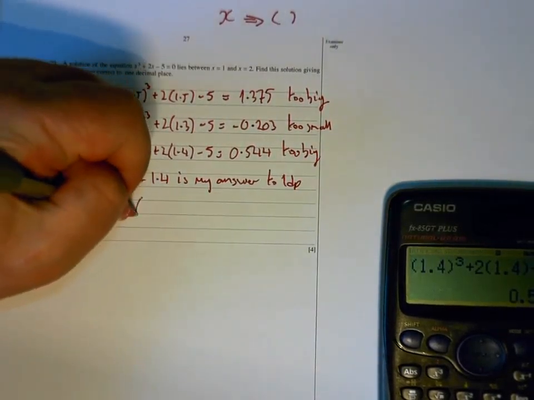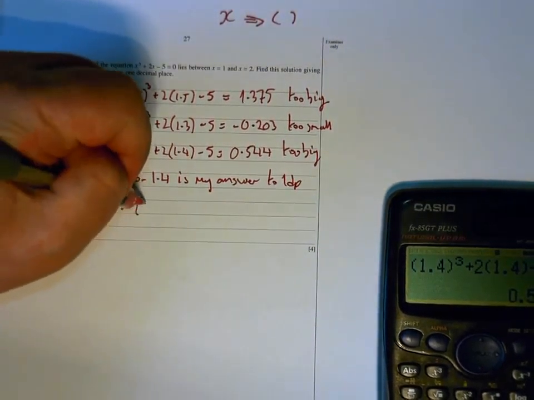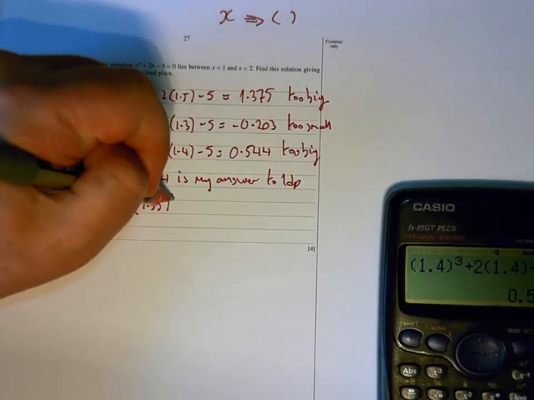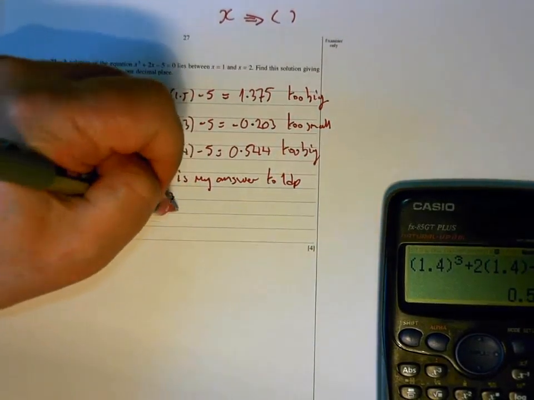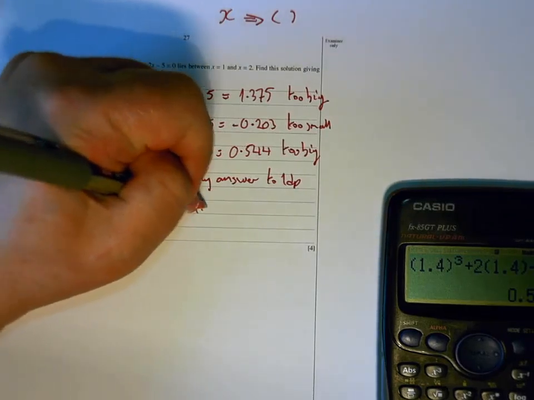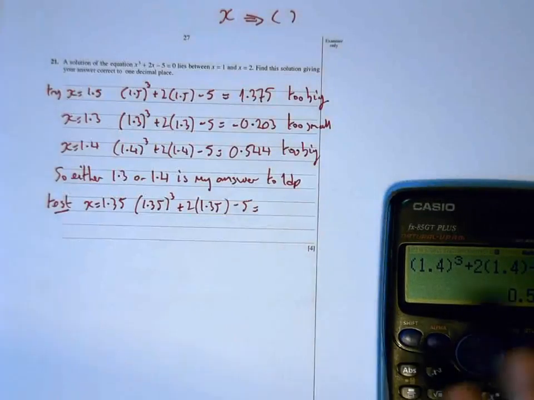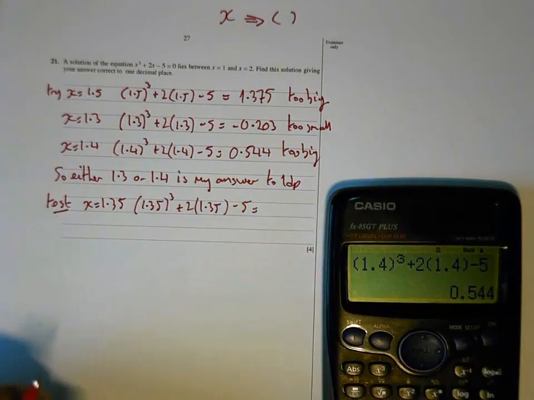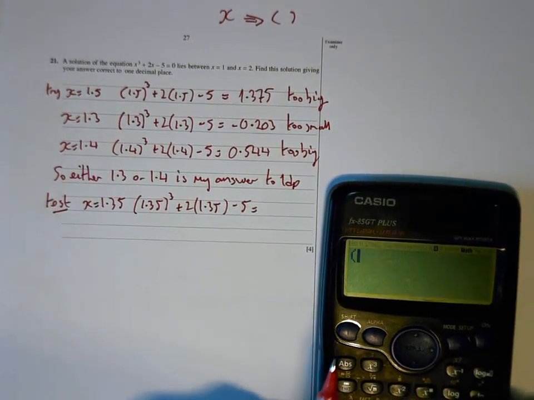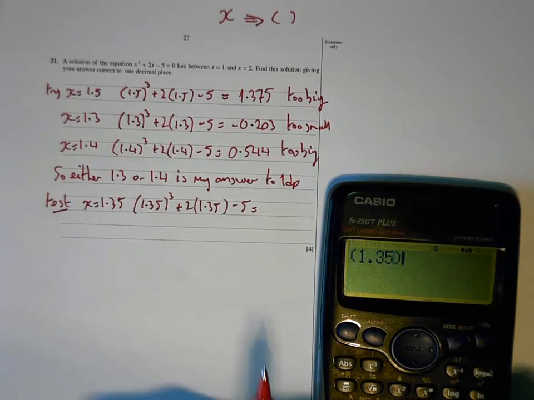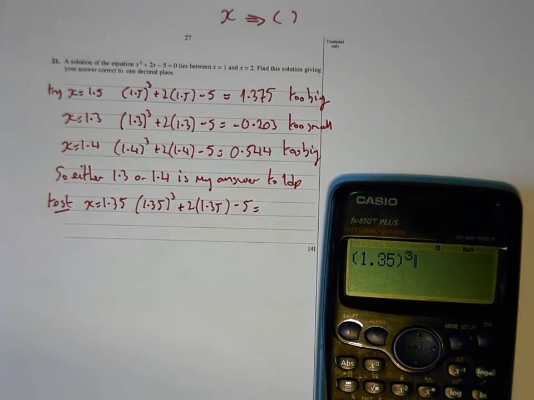So same formula, so we're going to explode it, but this time it's going to be 1.35 plus 2 1.35 take 5. So bracket 1.35 close bracket cubed plus 2 bracket 1.35 take 5 equals.